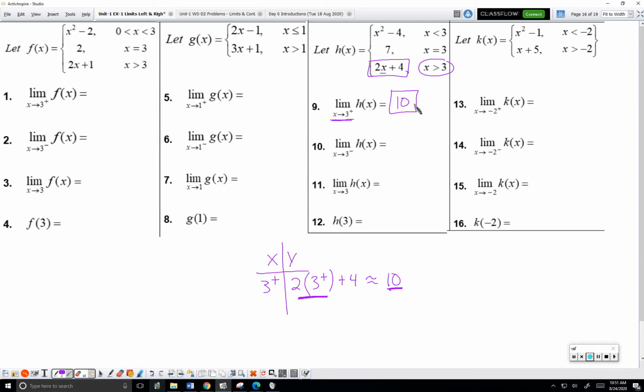3 negative, that's the left-hand limit. So when x is just infinitesimally negative of 3, just a little bit less than 3, I have to use this formula now. So when x is just slightly negative of 3, remember, remove the x, put in parentheses.